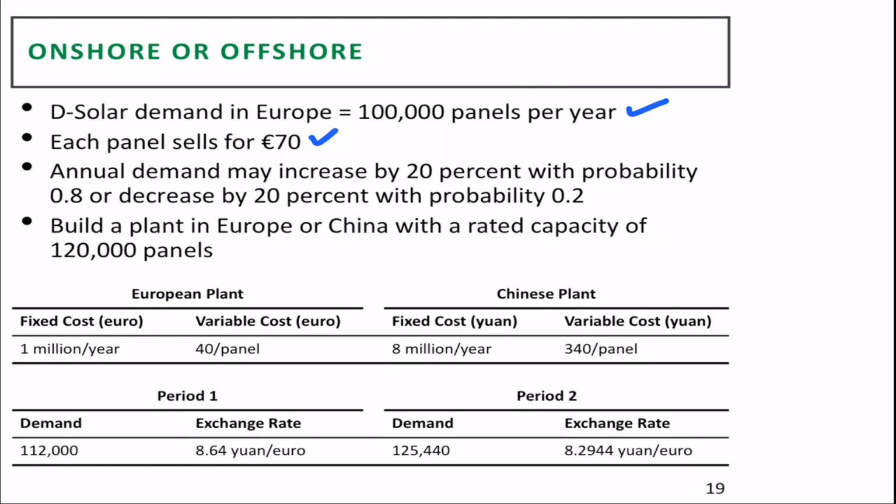There is a chance of demand increase by 20%, with a probability of 80%, but it can also decrease by 20%, and that probability is 0.2. So the question is whether to build a plant in Europe or China with a rated capacity of 120,000 panels.